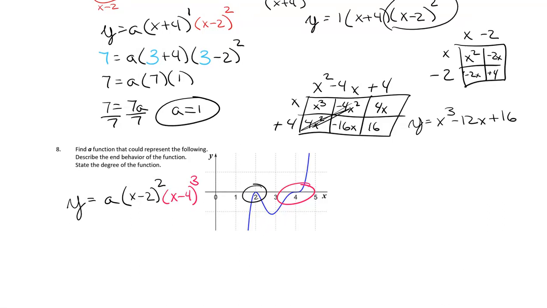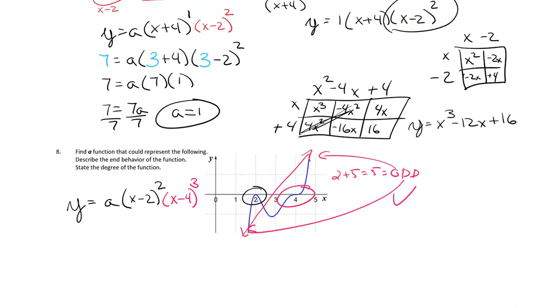So now I would look at it and say, okay, 2 plus 3 equals 5, which equals odd, and that works, check. And this goes from bottom left to top right, so that'll be a positive odd, and that's what I have, odd function. That's where a is positive. If it was flipped, you would just put a negative in front. Okay, second page done.